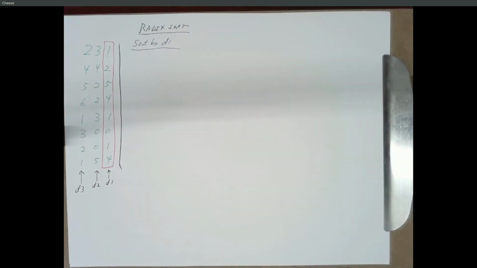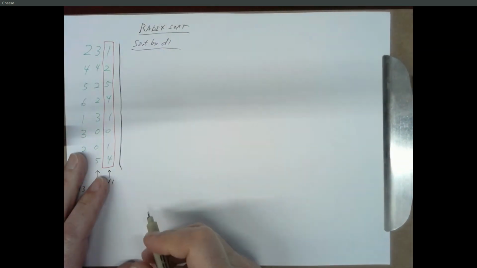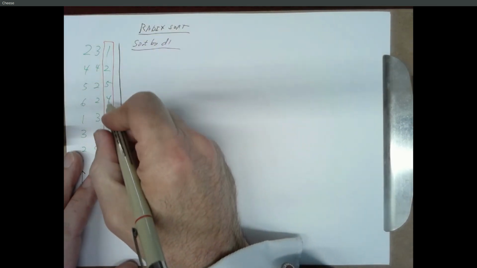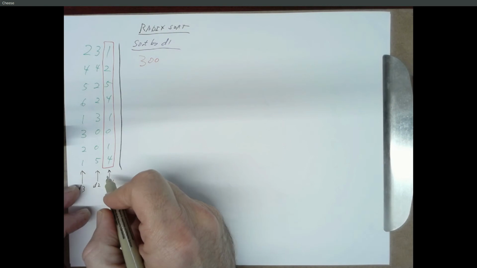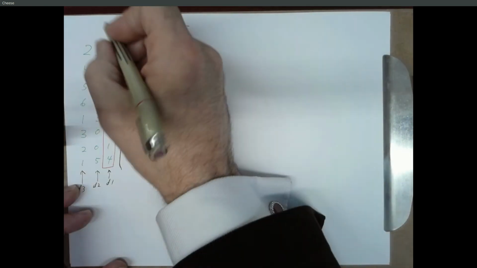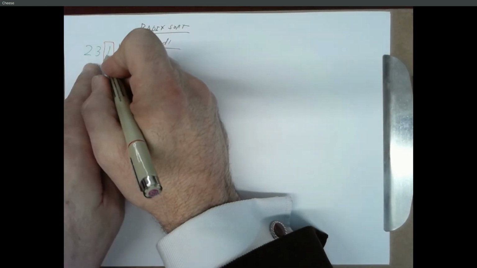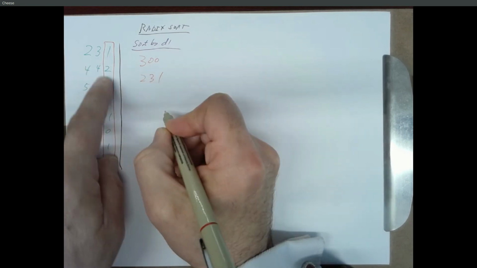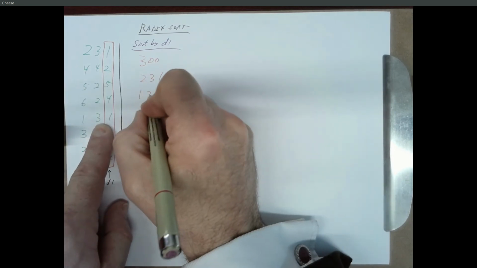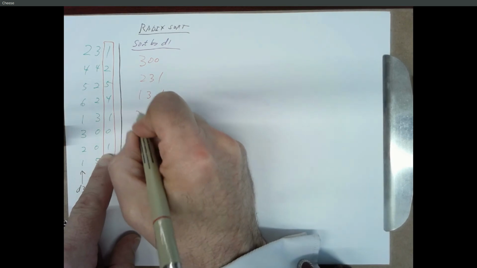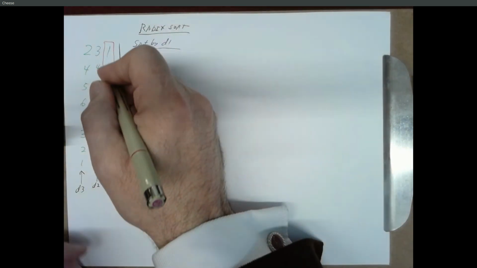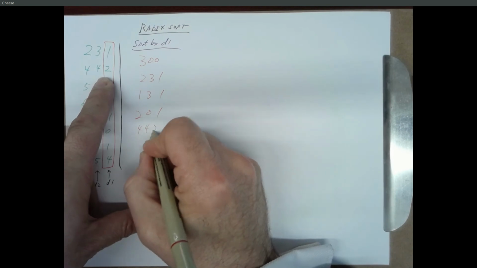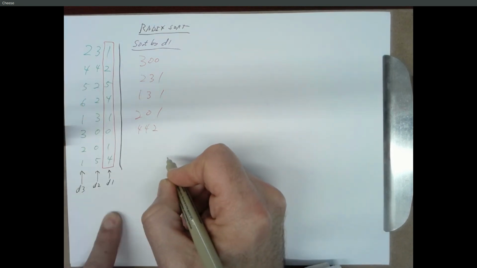Anything that has a 0, as we encounter it, we're going to add it to our output. So we'll go through here. There's a 300, so we'll put that in our output. That was the only thing with a 0. We'll sweep through again and look for anything that ends with a 1. Here's a 231, and here's a 131, and here's a 201. That's it for the 1s. We'll go through and look for 2s. There's a 442, and that's it for the 2s.